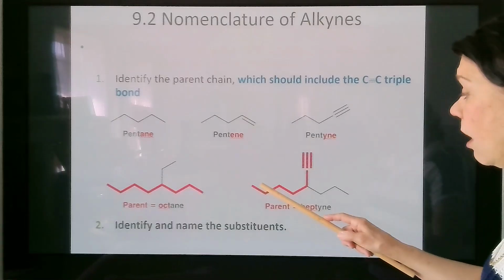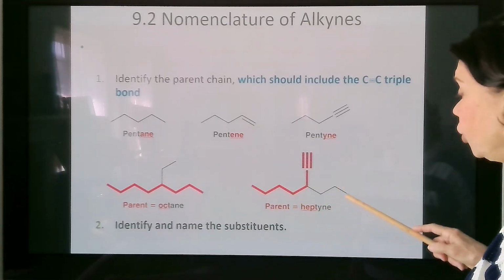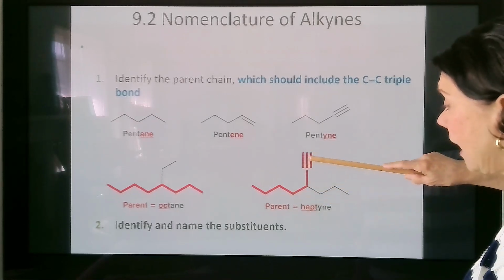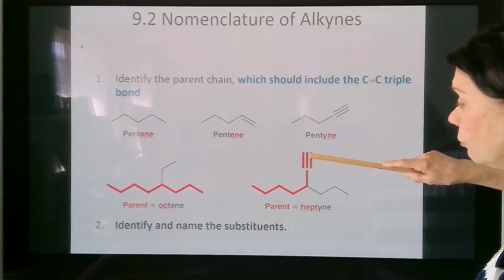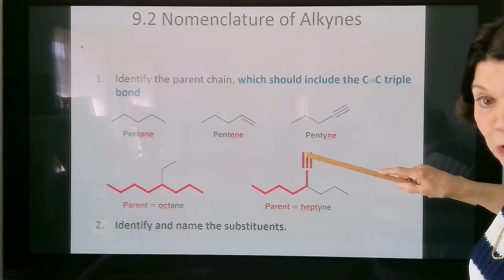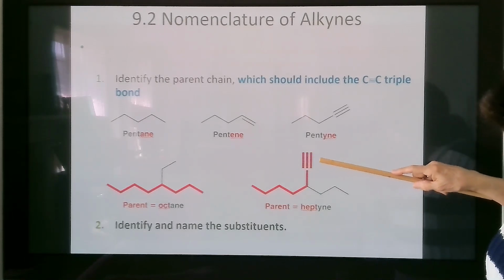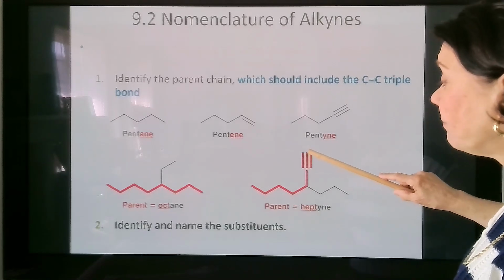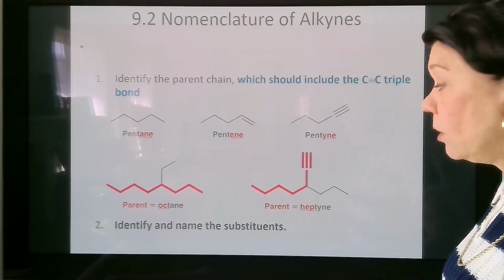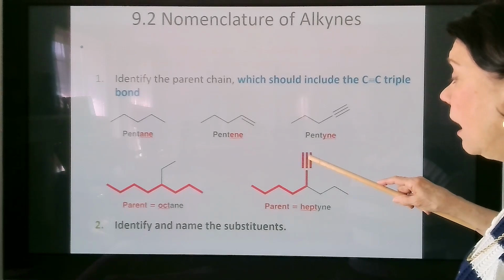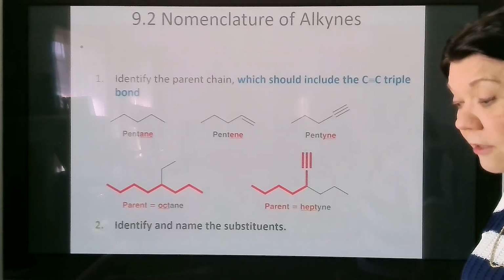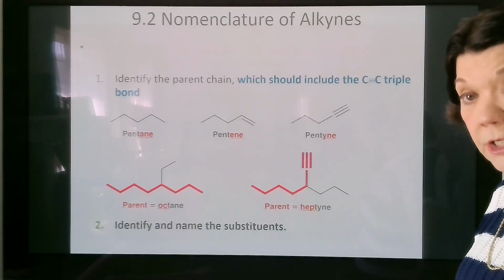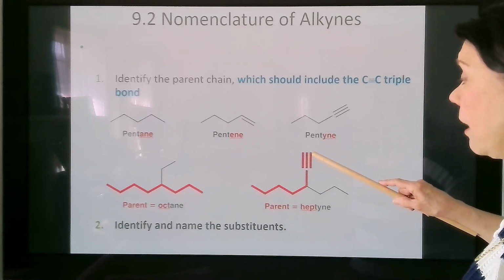And so you no longer just look at the longest chain. You now look at the longest chain that contains the functional group. And this is the only functional group, so you're going to use the alkyne here. So we'll start numbering in a way that will give the alkyne functionality, the triple bond, the lowest possible number.